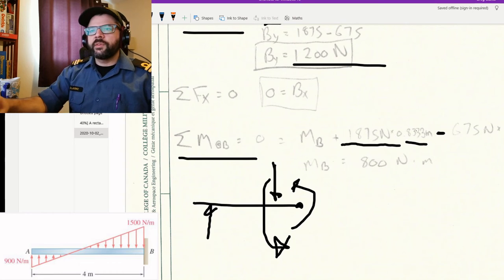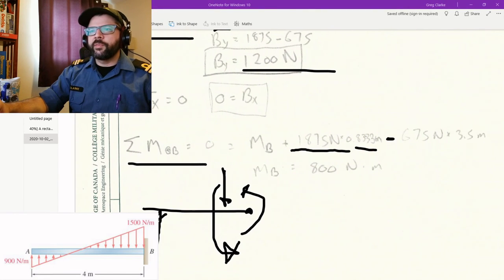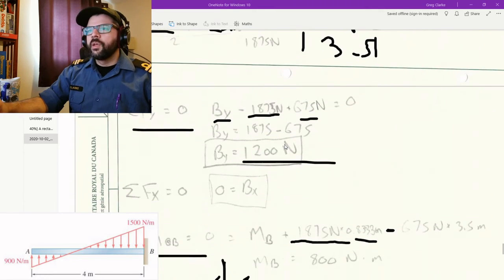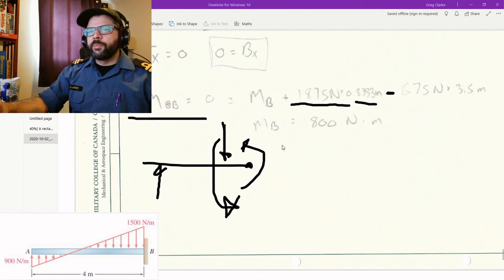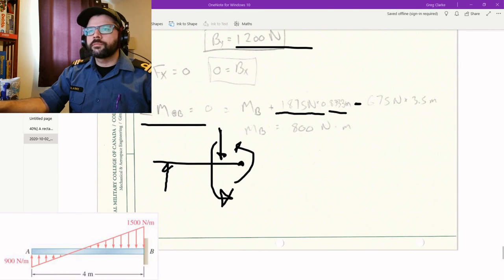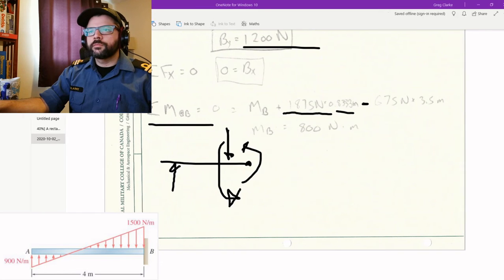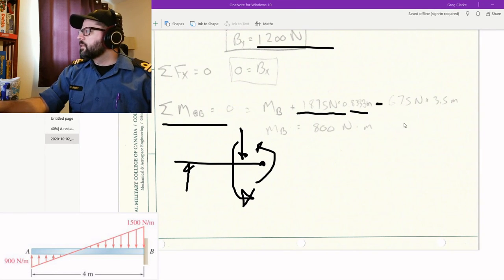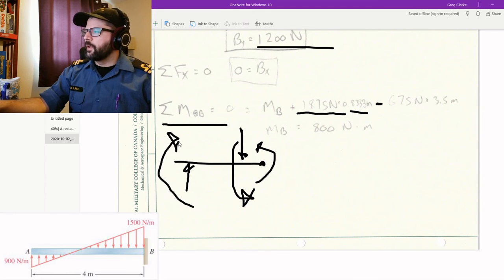Oh, I realized I had written 3.53 meters. Gone a bit off the page there for you guys. Here, there we go. Okay, 675 times 3.5, and again that'll be a negative moment because we are going clockwise with that one.